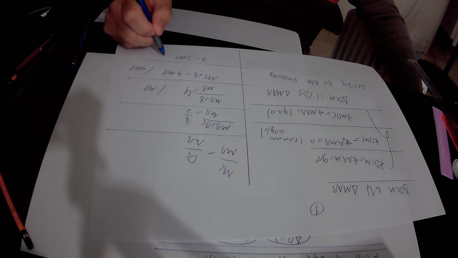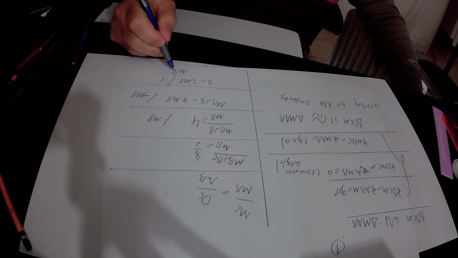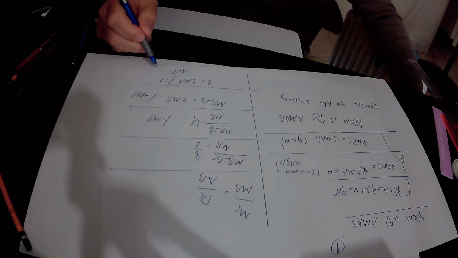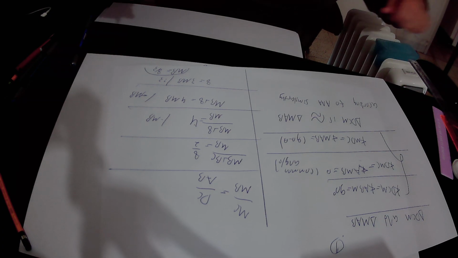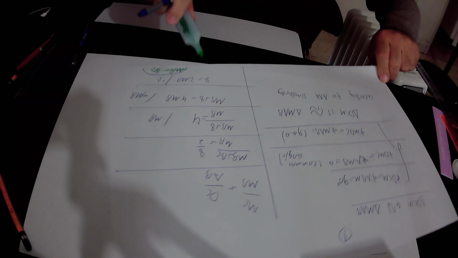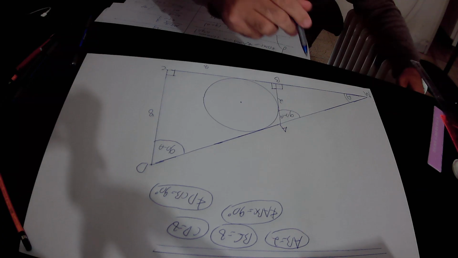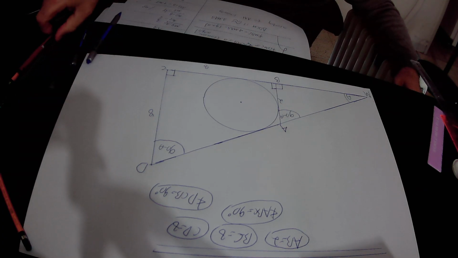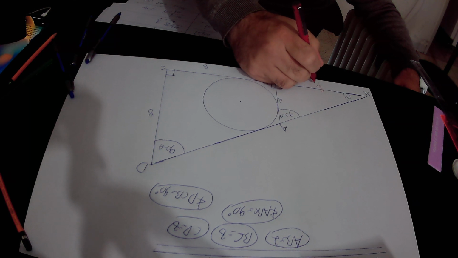We divide this equation by 3 and finally we get that MB equals 8 over 3 units. So here we can write down that side MB equals 8 over 3 units.